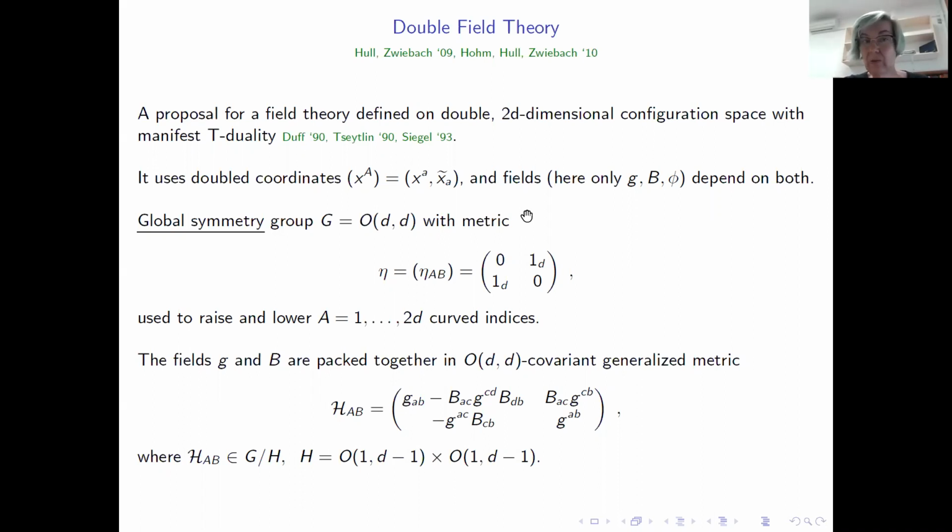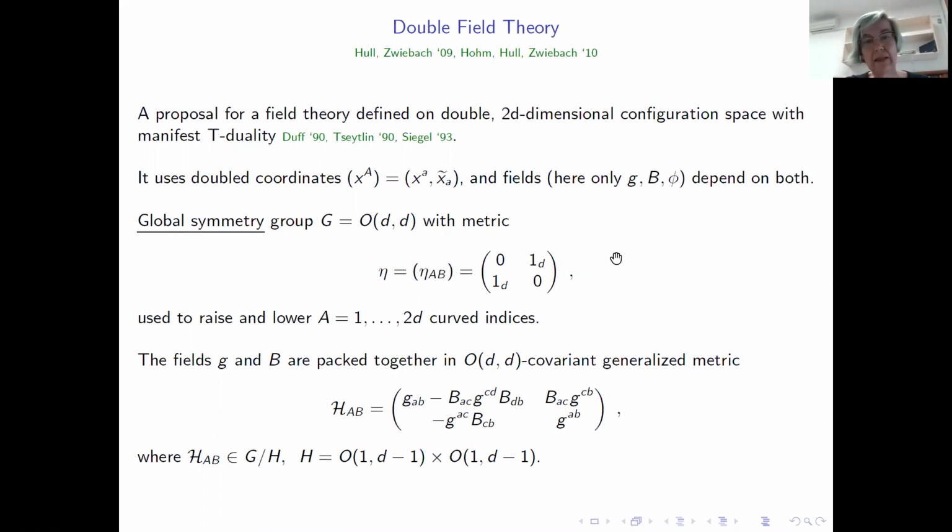The theory has a global symmetry, the group O(d,d), with an O(d,d) invariant metric. This is a constant metric with signature (d,d), where these A and B indices, as I said, are curved indices, and this metric raises and lowers these curved space-time indices.